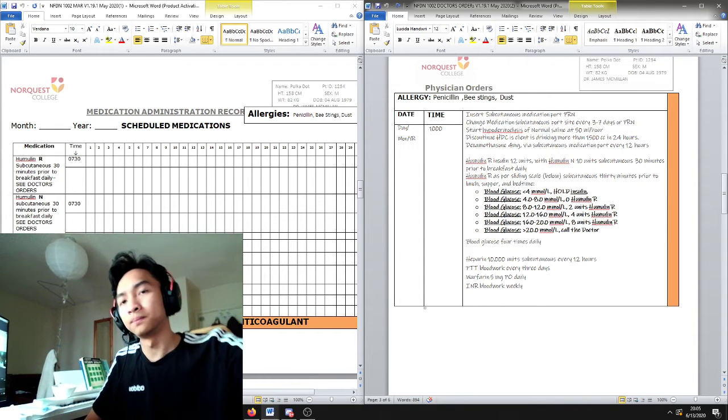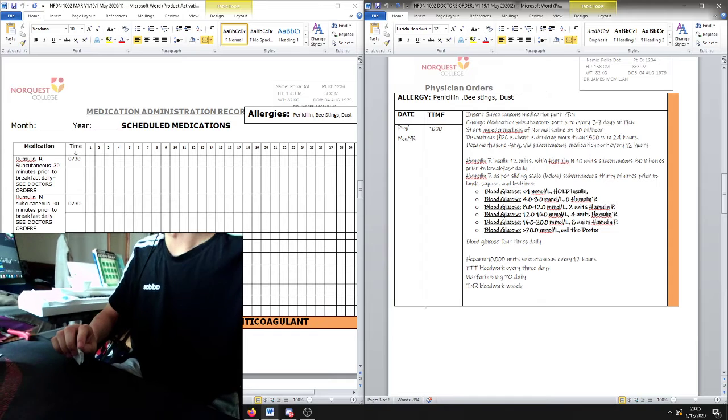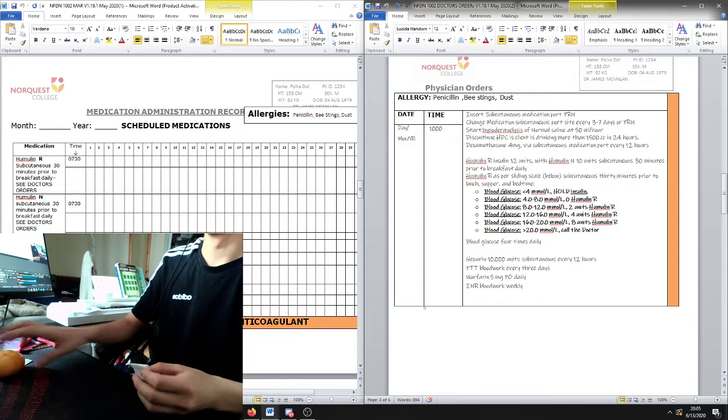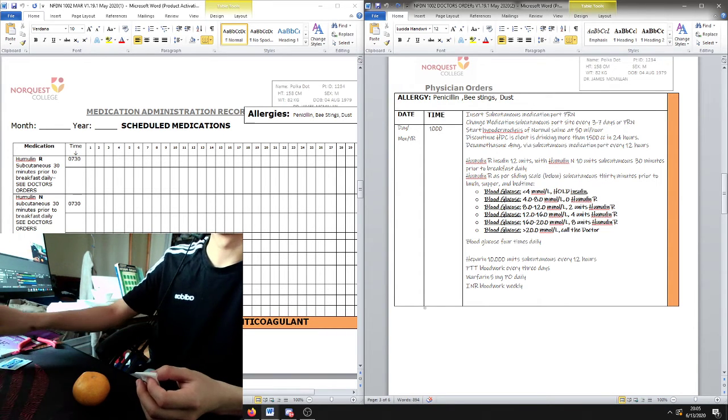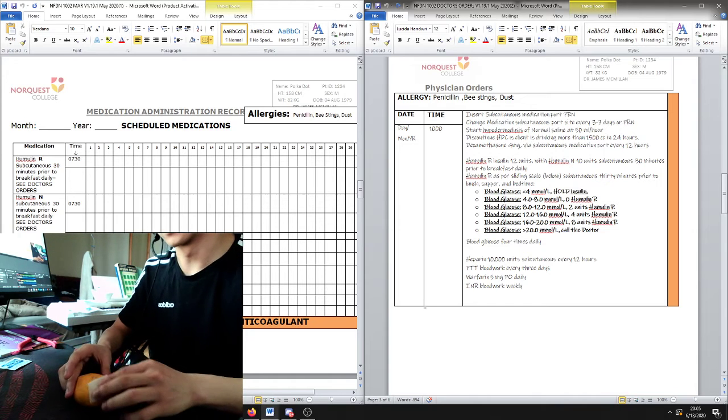So for the administration, I will clean the site of injection first, pretending this is the abdomen, the lower abdomen. I am cleaning it for 30 seconds, sorry, 30 seconds.